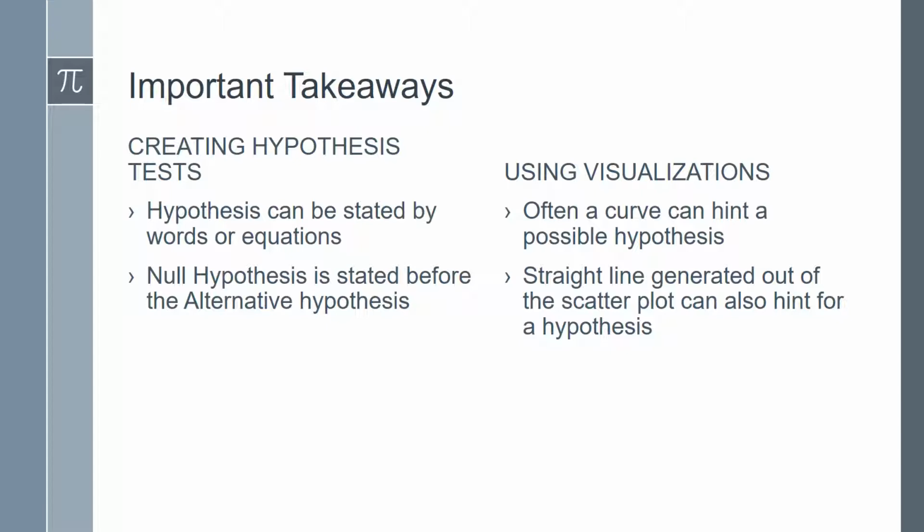Likewise, in the case of the correlation test, a straight line can also hint at the hypothesis. In hypothesis testing, the null hypothesis and alternative hypothesis can be stated in words, or also we can turn them into mathematical equations. We know that normally the null hypothesis is stated before the alternative hypothesis.